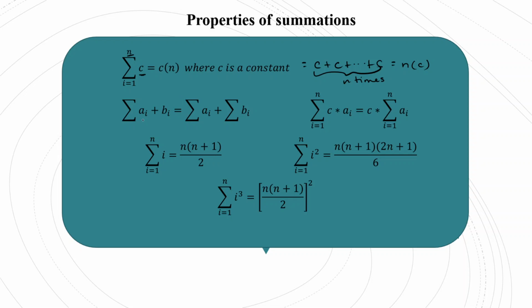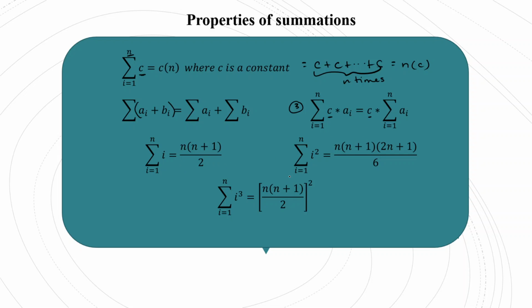We also see that we can add the sequences together and then take the summation, or take the individual summations and then add them together. Property number 3 tells me that if I have a constant times a sequence, I can pull the constant outside.